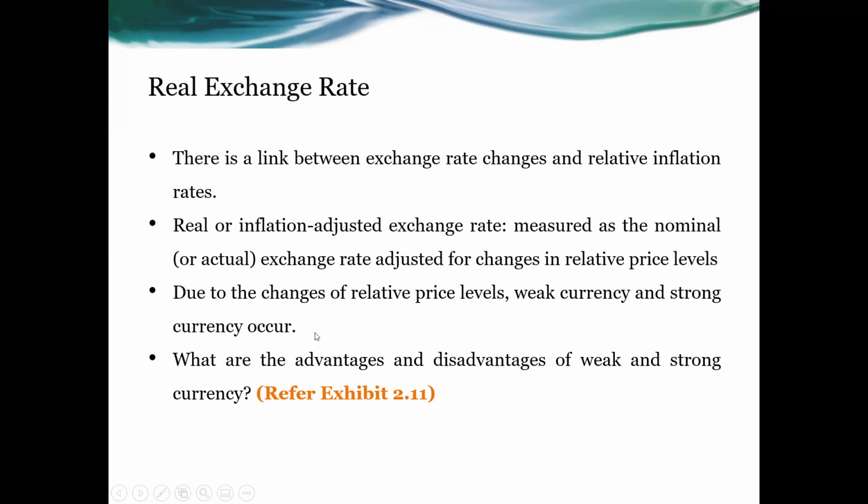As a result of the country's inflation level, or the changes in price level of their goods and services, the currency can be identified as a weak currency as well as a strong currency. I told you that the US dollar, Japanese yen, and UK pound are normally identified as an active currency as well as a strong currency.